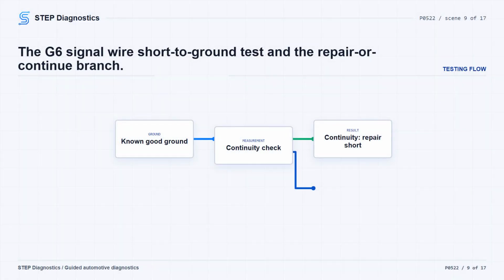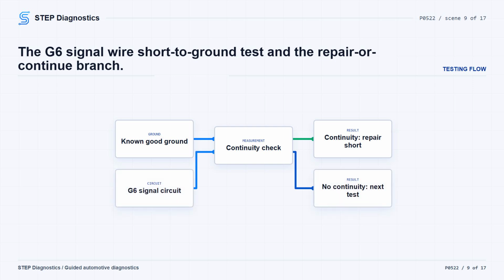If you have to work at a PCM connector, use the GPEC diagnostic adapter 10436. Do not probe the PCM harness connectors directly, because that can damage terminals and create poor pin contact. If there is continuity between ground and the signal circuit, repair the short to ground and verify the repair. If there is no continuity, move to the next short check.